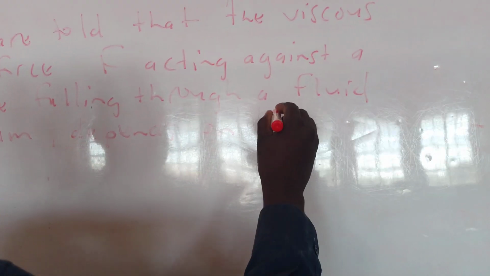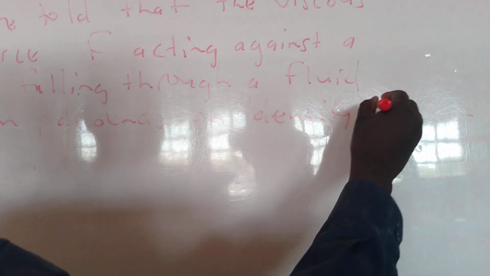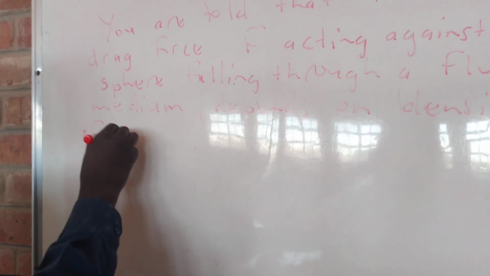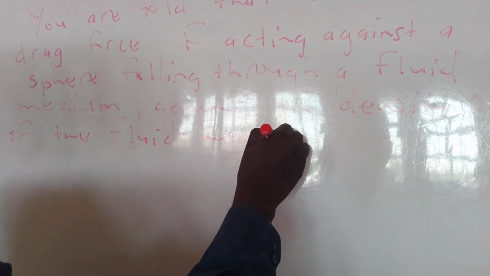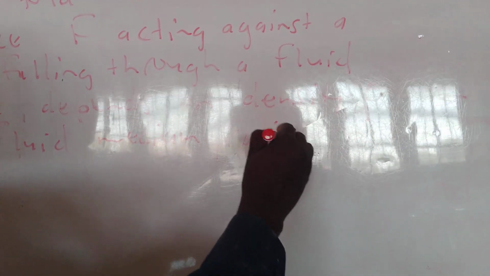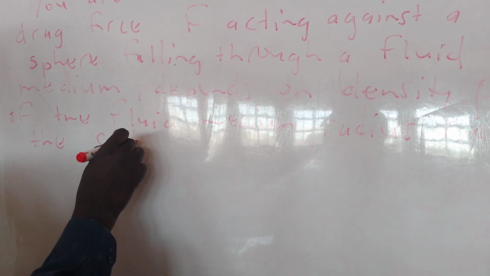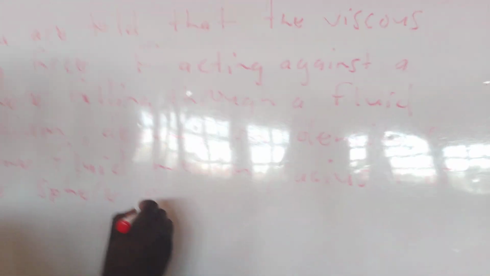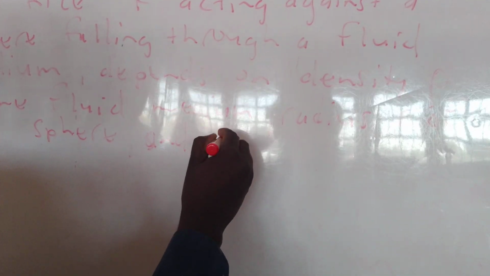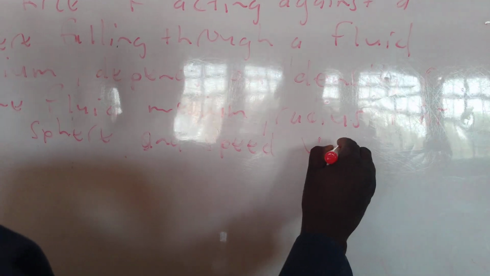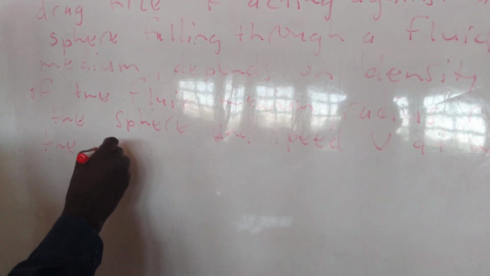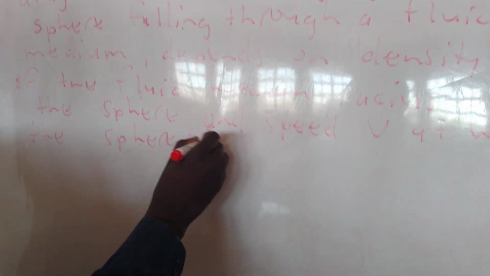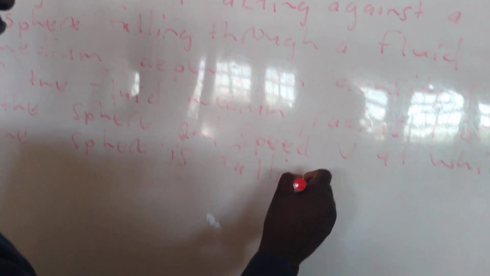depends on the density rho of the fluid medium, radius r of the sphere, and speed v at which the sphere is falling.